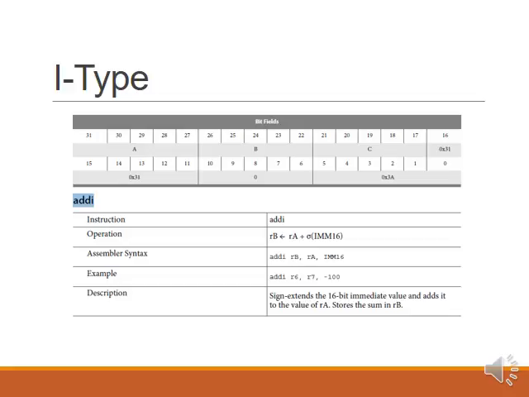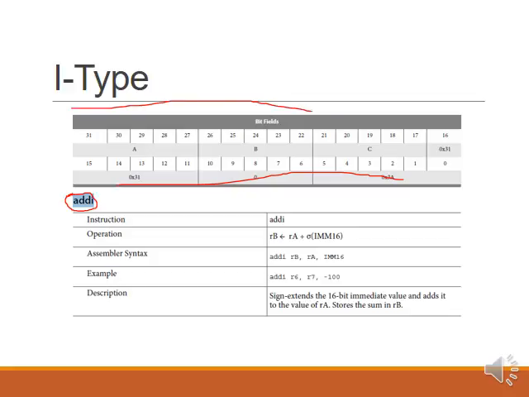The I type register is shown over here, which is an example of the add immediate instruction. This is the add immediate instruction, which is 32-bit long.